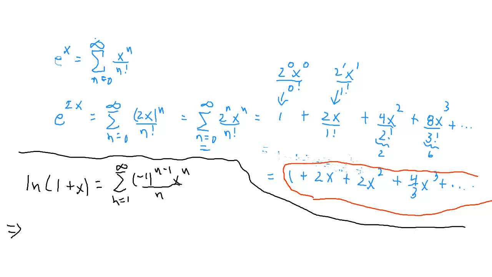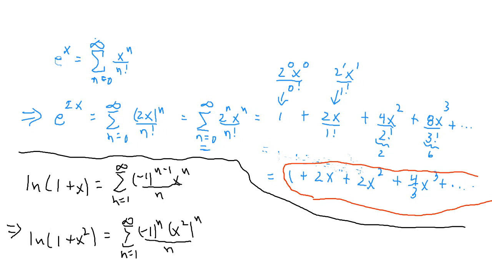So this implies that the log of 1 plus x squared, well, we would just substitute x squared where the x goes. Are there any questions on this? All right, we could write this then a little more simply. This should be an n minus 1, sorry.